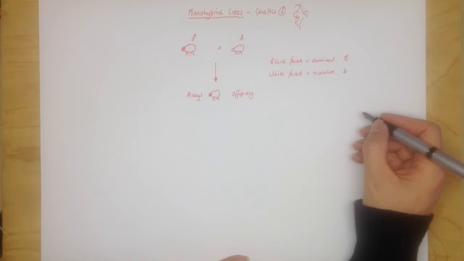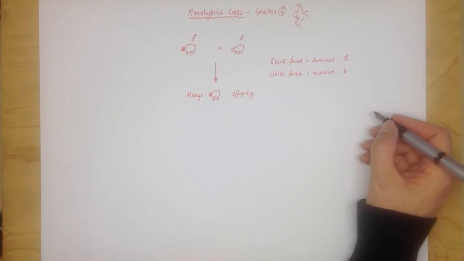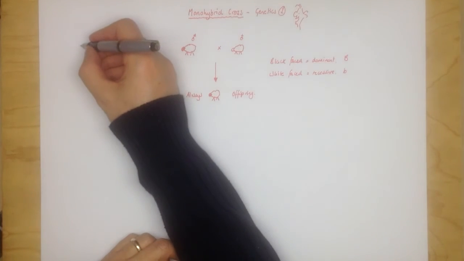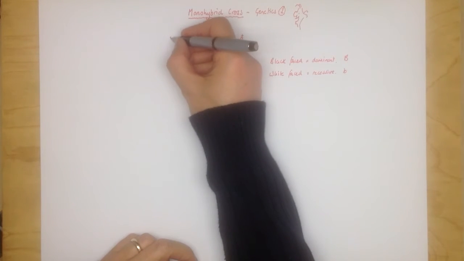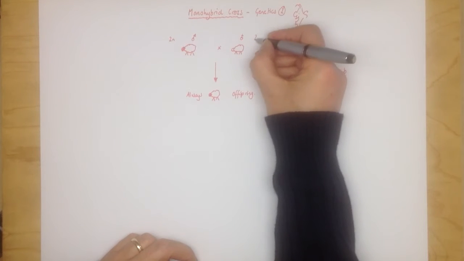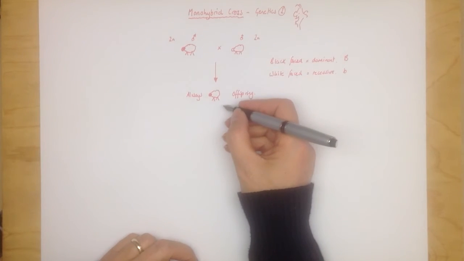So how is this explained? Well, it's explained with the use of the genetic cross diagram. If you remember, there are always 2 copies of every chromosome in the body cells.